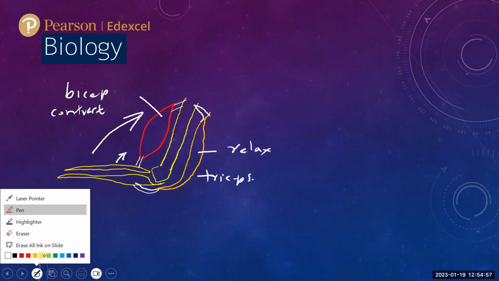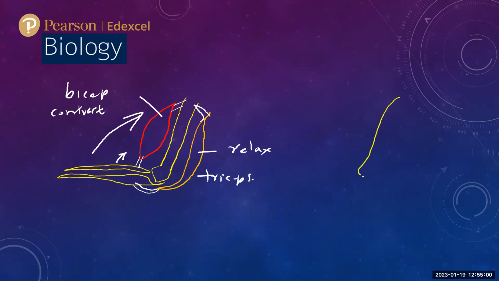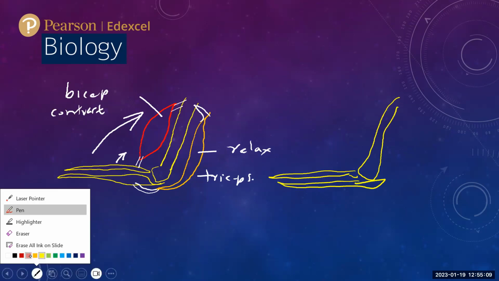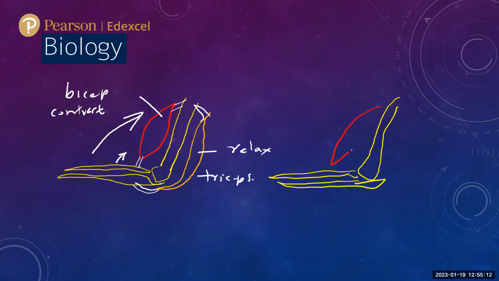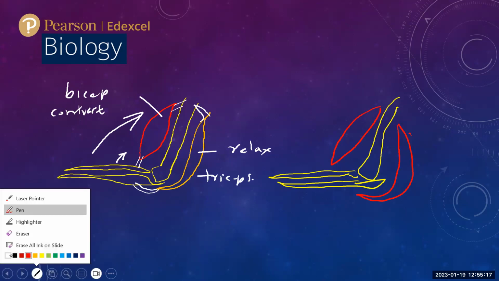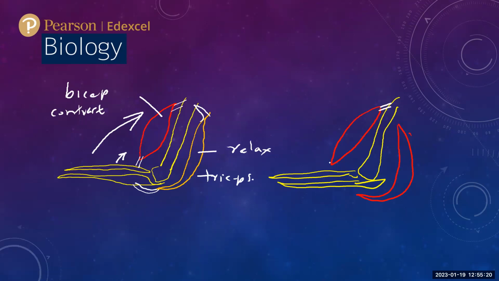And if we look at the opposite, this is the bone, and that's the radius and ulna. So if it is taken to this side, and this is the attachment of bone with muscle, the tendon. If it is going in this direction, the tricep contracts and the bicep relaxes.